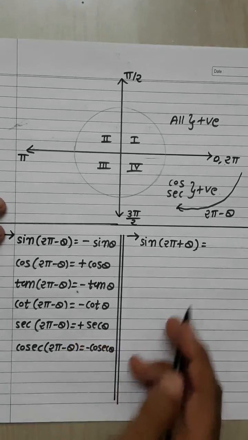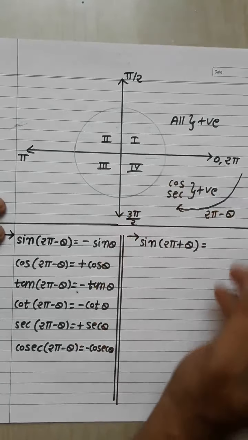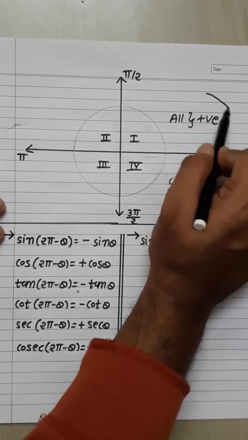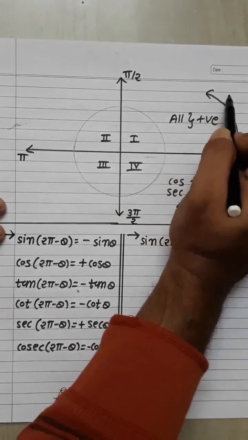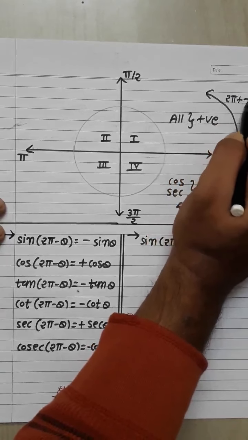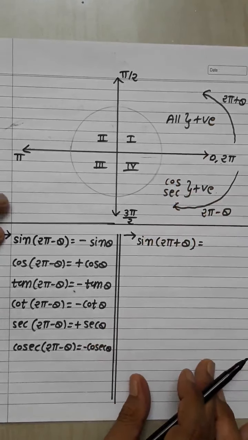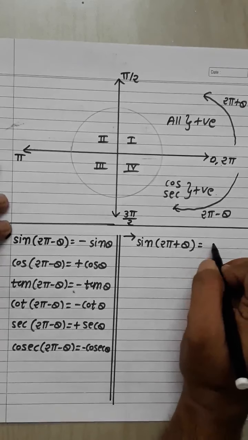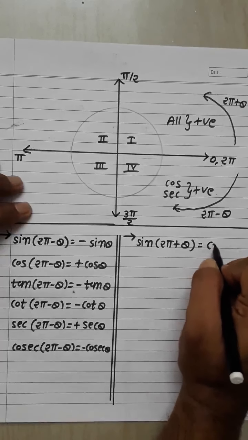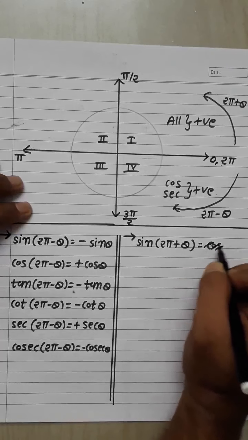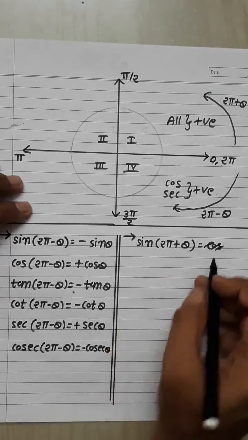Similarly sine(2 pi plus theta): this value is present in the first quadrant, and we know that in the first quadrant all values are positive. So for 2 pi plus theta we do not change the position of the function.